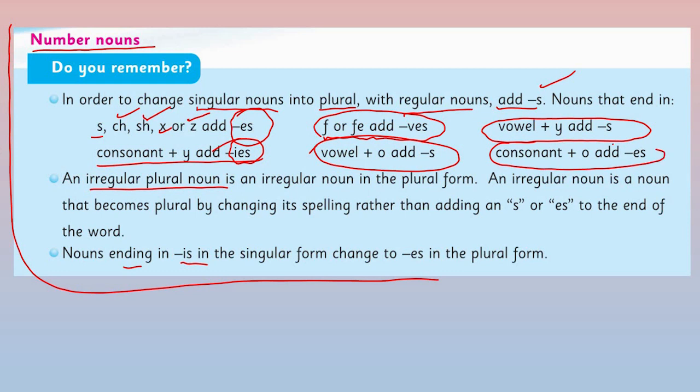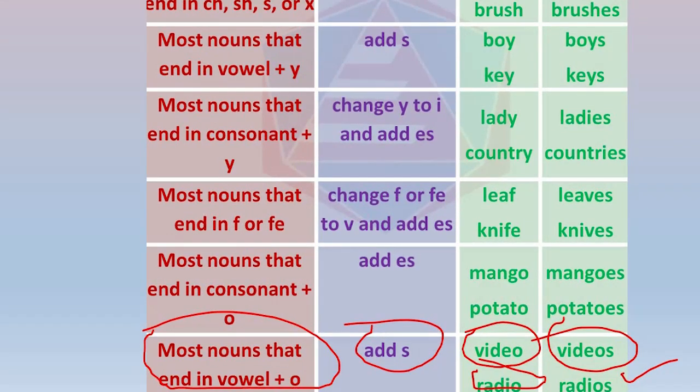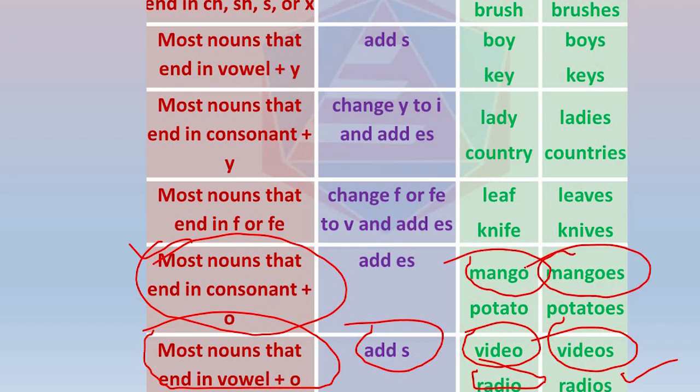Consonant plus o, we add es to make it plural. How? Look at the examples here. Most nouns that end in consonant plus o sound, we add es to make it plural in the end, like mango, mangoes. We have added es to make it plural. Potato, potatoes.